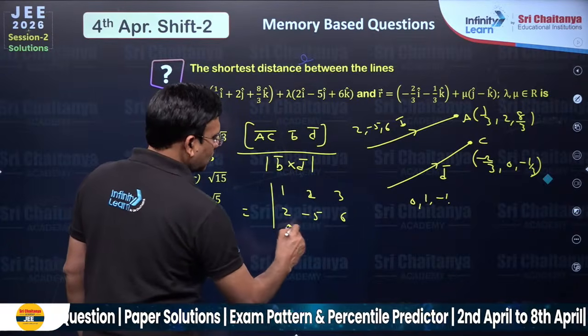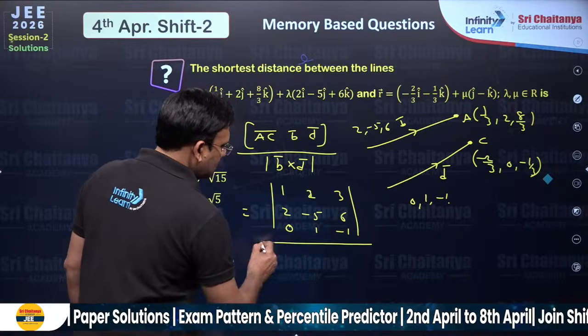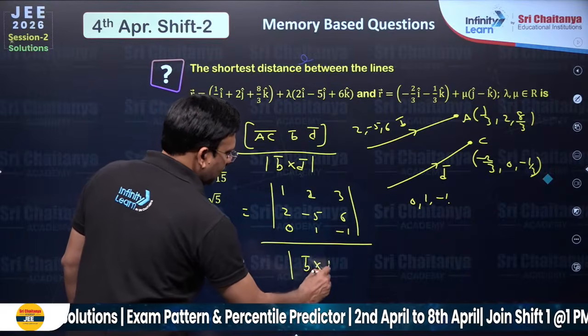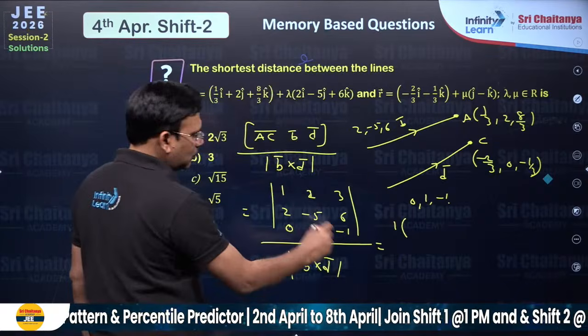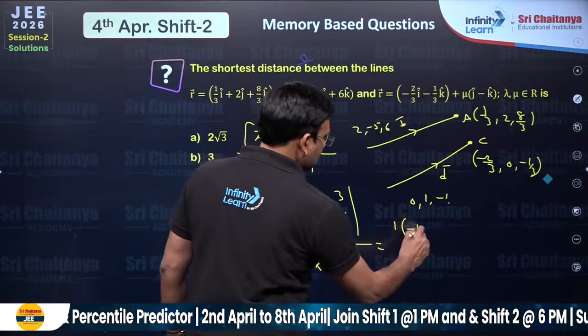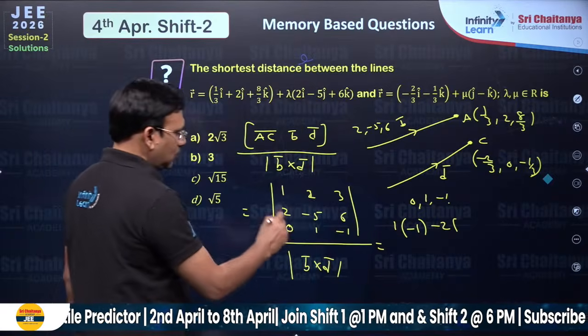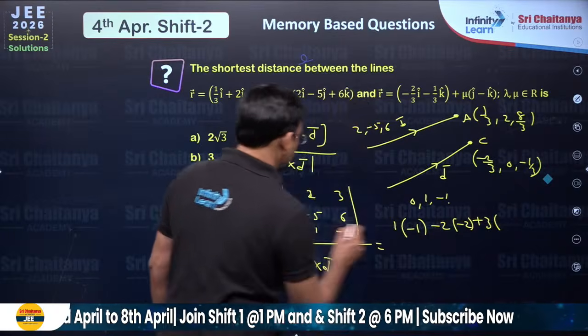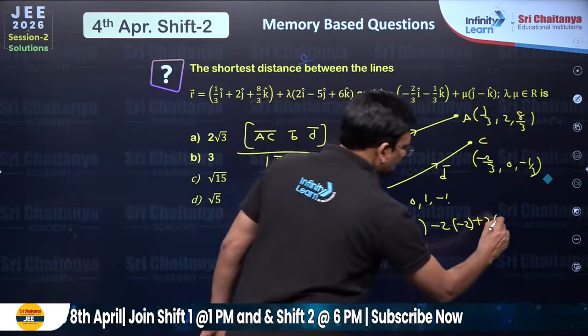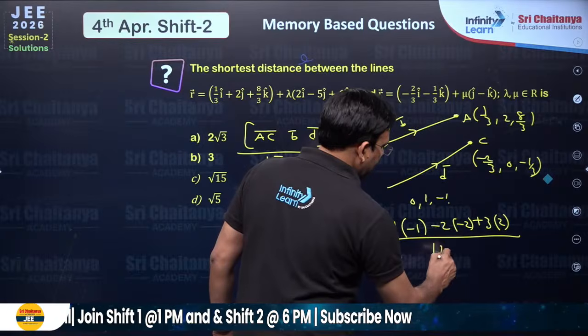D bar is 0, 1, minus 1. This by magnitude of B cross D. Whereas B bar is this, D bar is this, which is 1 into (5 minus 6), minus 1, minus 2 into (minus 2 minus 0), plus 3 into (2 minus 0), by magnitude of B cross D.